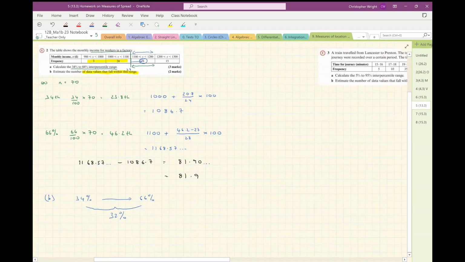Well, there were 70 people. So 32% of 70 is 22.4. So how many people do I estimate fall in that range? 22 people. And that is question 2 done.